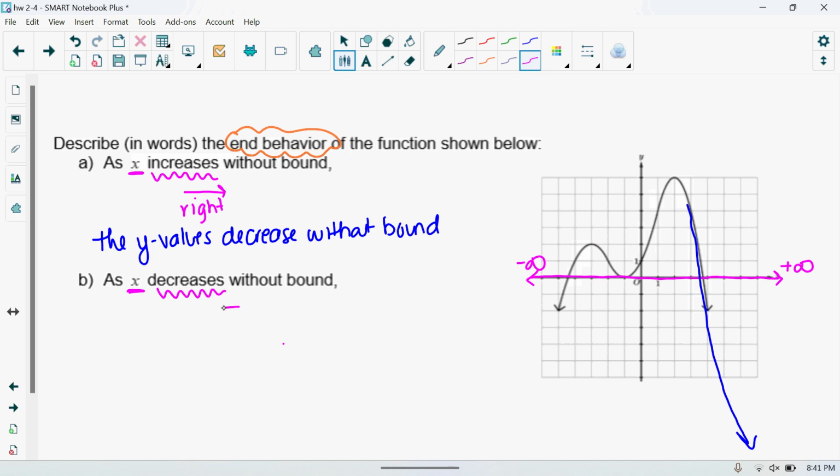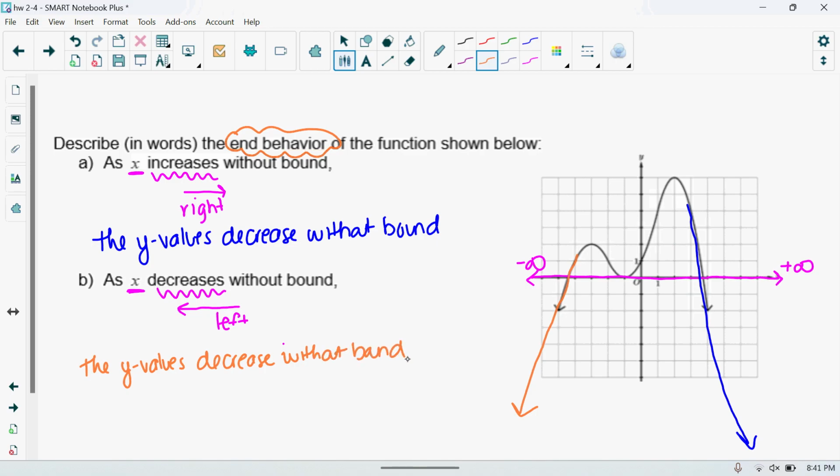So I'm getting more and more negative for my x's, so I'm going to the left. So on the left, I'm going more and more negative, so the same thing. The y values decrease without bound. So this is your description in words.